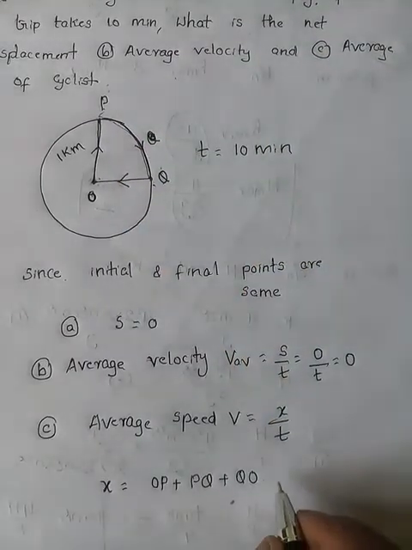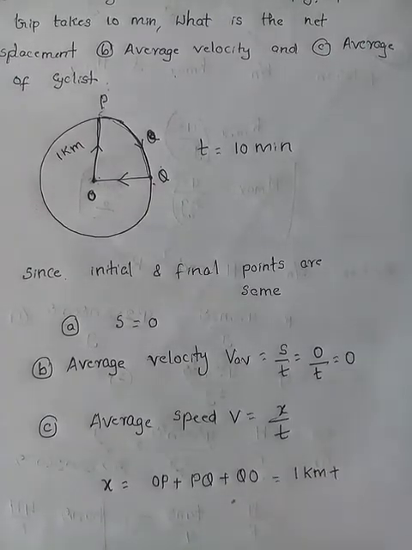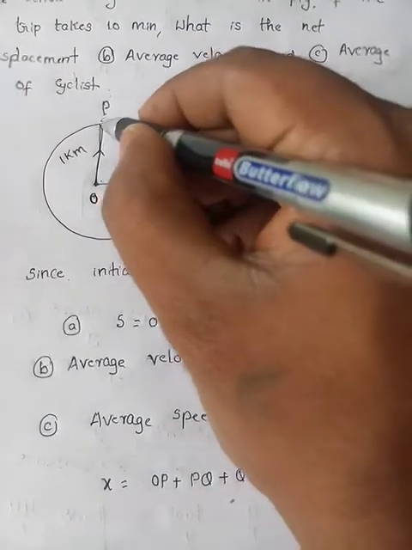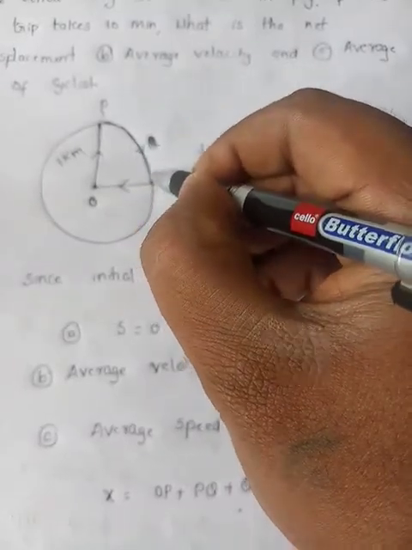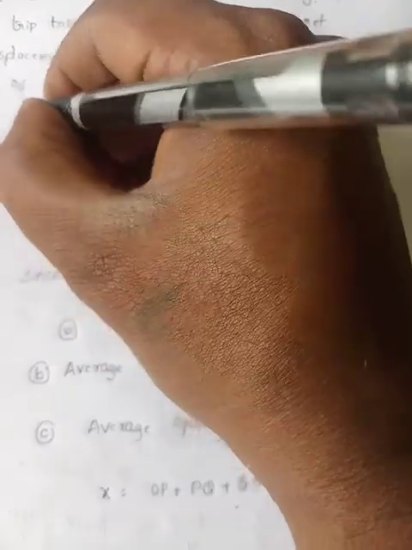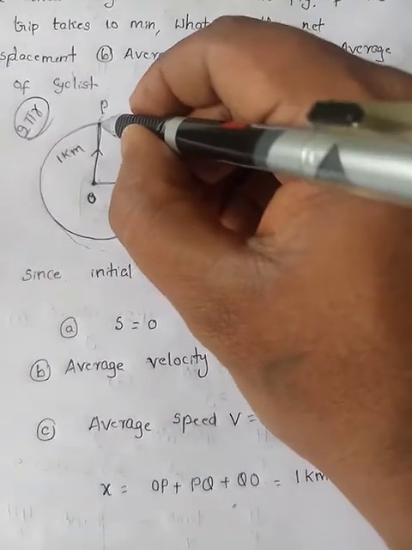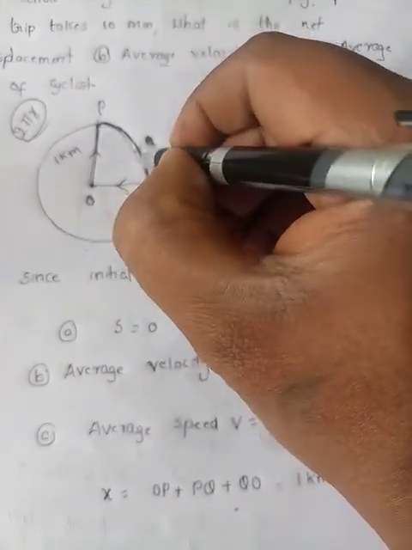The radius. OP is equal to the radius, 1 kilometer. Now, this is the circumference. The total circumference of a circle is 2 pi r.